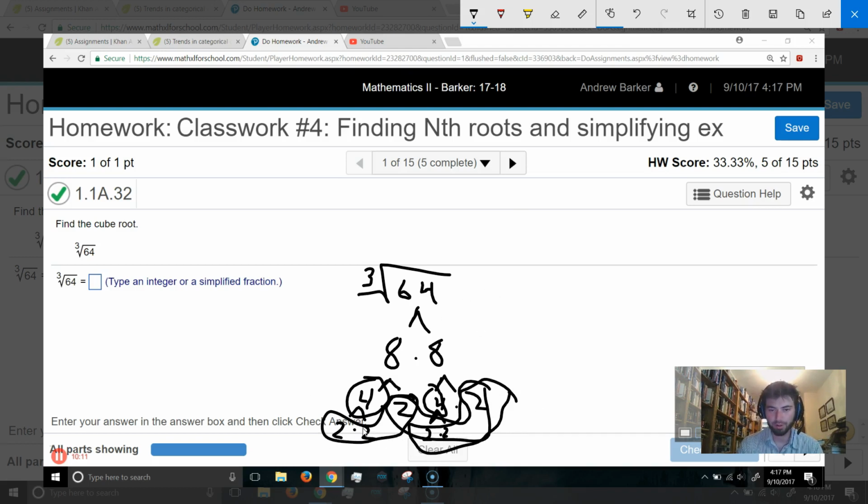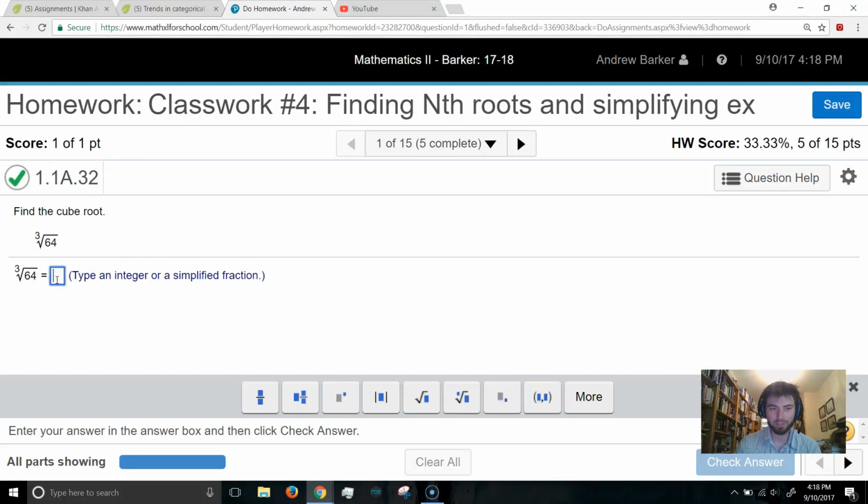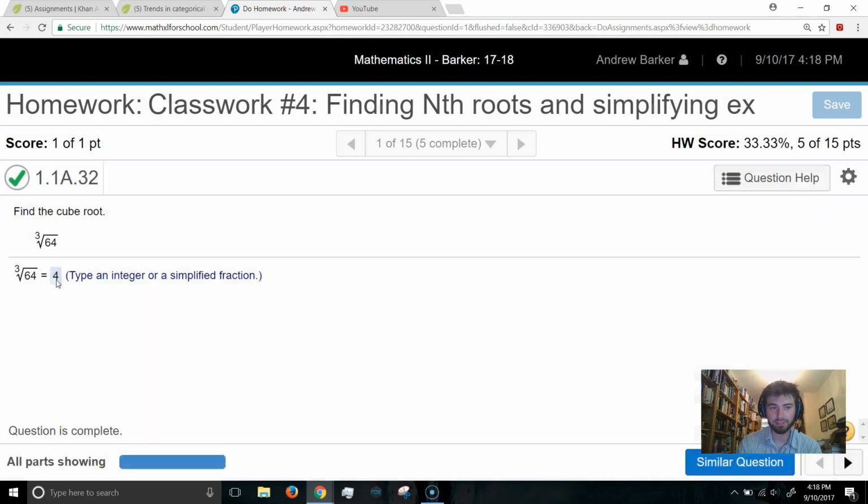If I pull out these 3 2's right here, pull out a 2, and then these 3 2's produce another 2, which is the same thing as having a group of 4's, because this will come back together to make a 4. So the answer will just simply be 4 for this one. And if I did that too quickly, we're going to do some more of these, so hopefully it'll make sense.